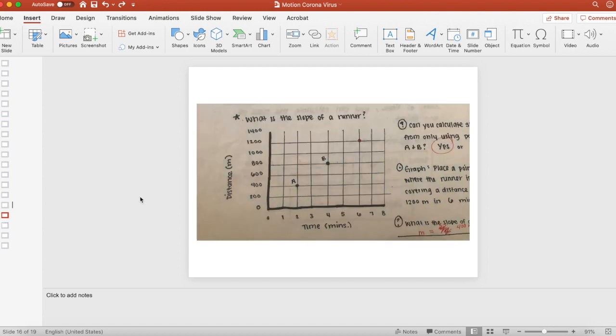And I give you this. So here is where your point should have been, and then m equals 400 meters over 2 minutes. Sorry that it got cut off. That was a very, very basic baby graph.